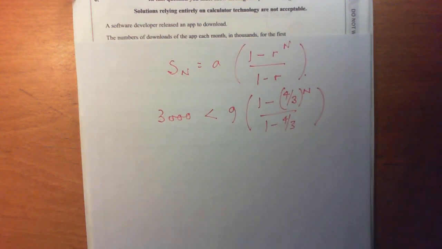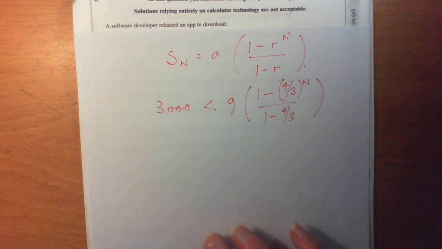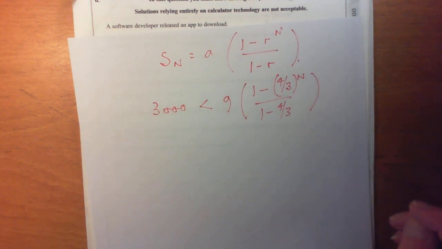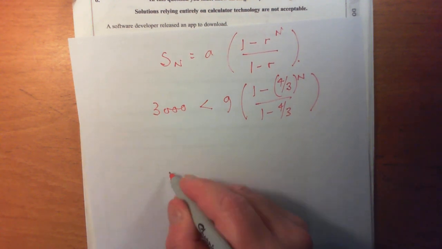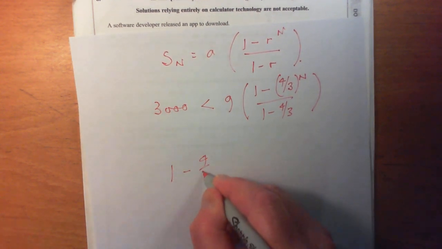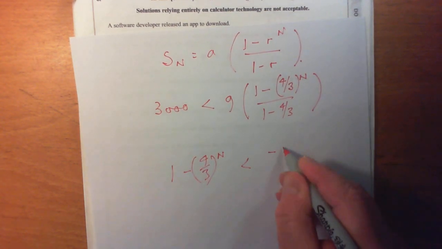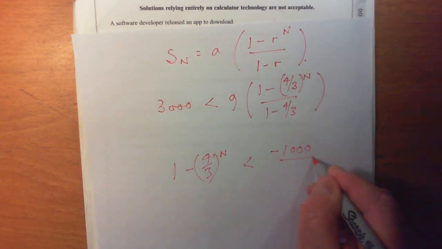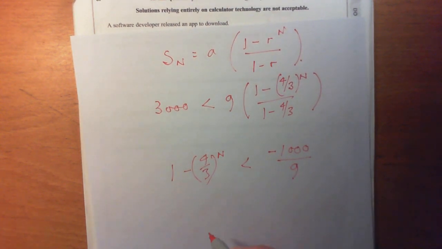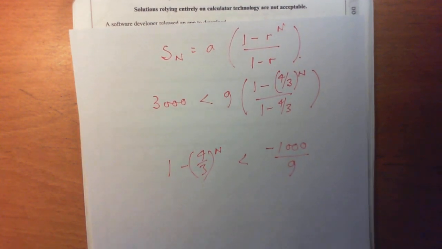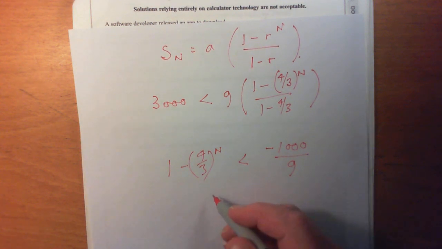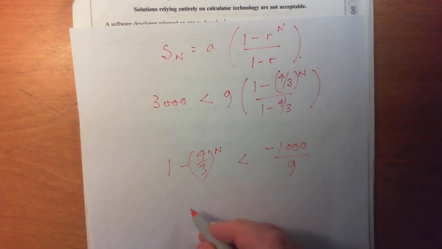But the one thing you need to watch out for here is the inequality signs. For example, it'll come down to 1 minus 4 over 3 to the n is less than minus 1,000 over 9. Now the next step, I don't want to deal with a minus number. Essentially I want to log this term, so I want a positive number.